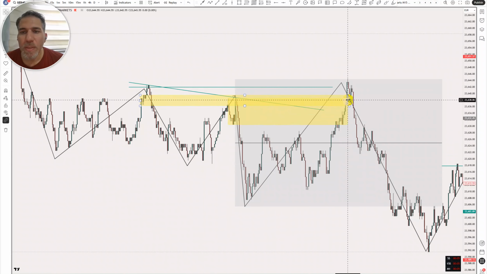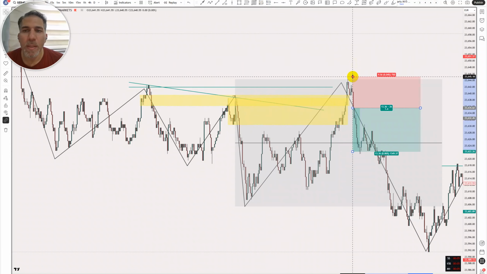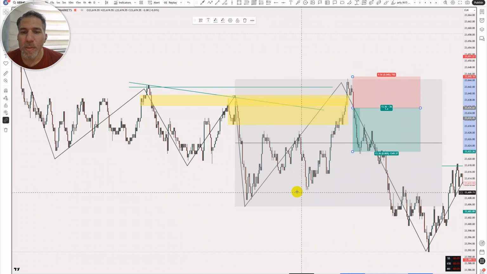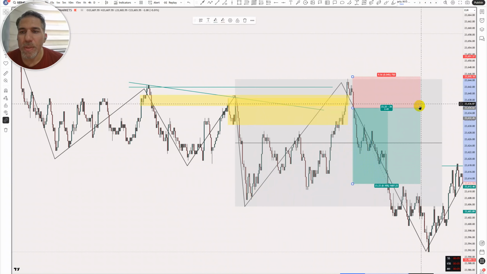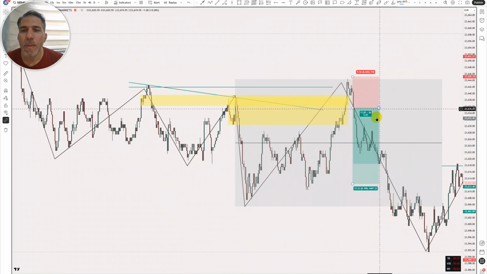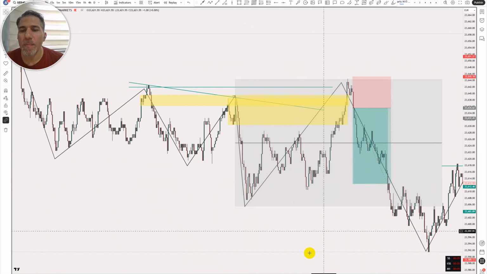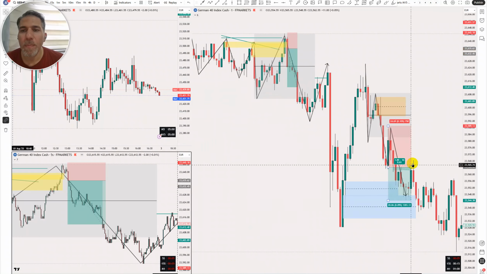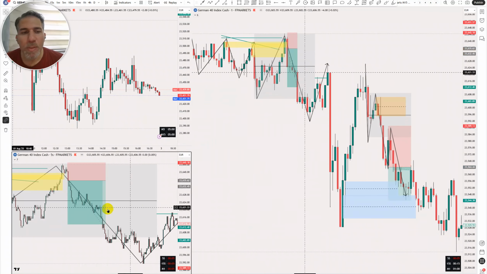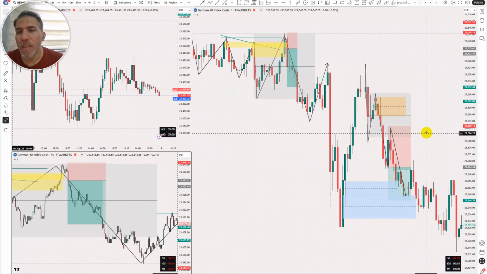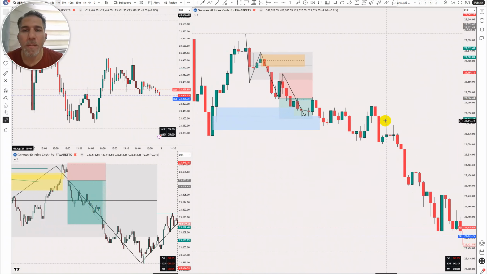So after retracing this one and closing back inside this part, you can enter at the close of the market there. It cannot be easier than this one. Or you can just not go to the lower time frame and take your trade based on this.